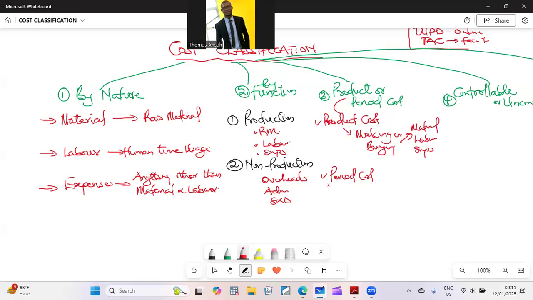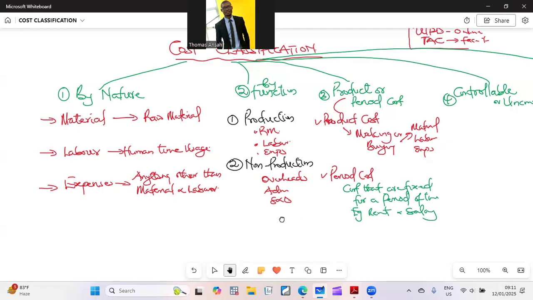So we are talking about costs that do not change for a specific period, or costs that are fixed for a period of time. Typical example is your rent. You rent for 1 year, it is like that. Your salary for 1 year, it is like that. All right, unless there's an agreed increment. All right, so we will look at those ones. Okay, so that is that.